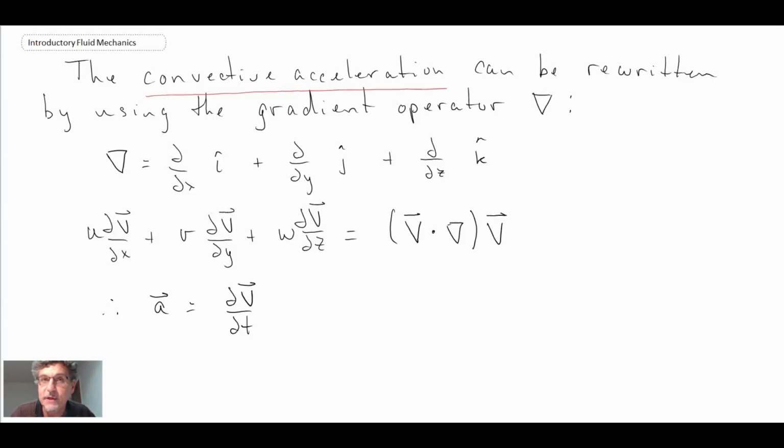So this would be for a generic flow. It could be steady, it could be unsteady. If it were unsteady, we would keep that term. Plus then what we just wrote using the gradient operator, v dot del, multiplied by the velocity vector v. So this is a form of the acceleration vector in a fluid.